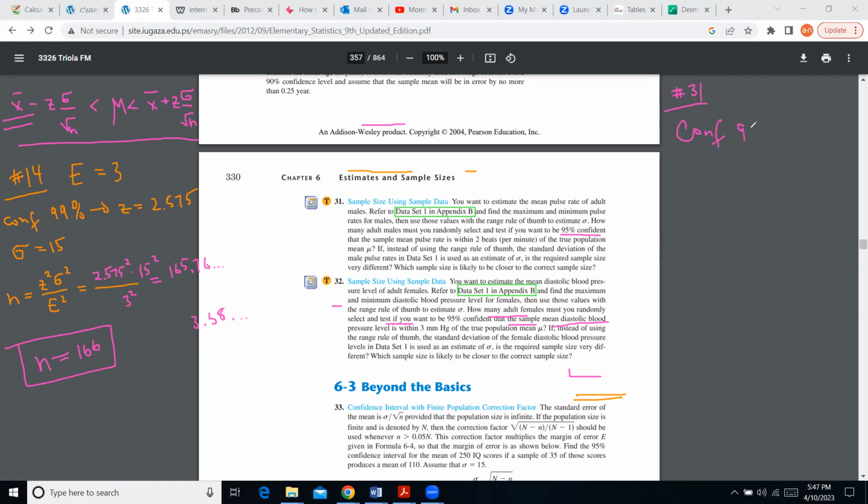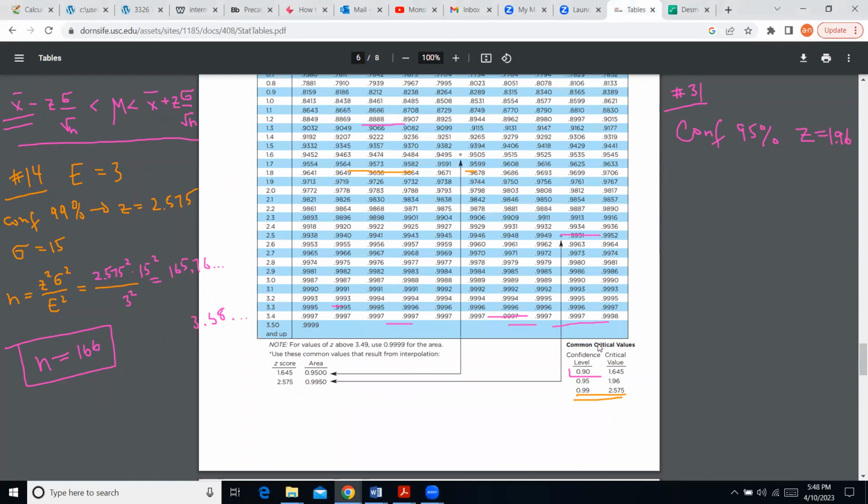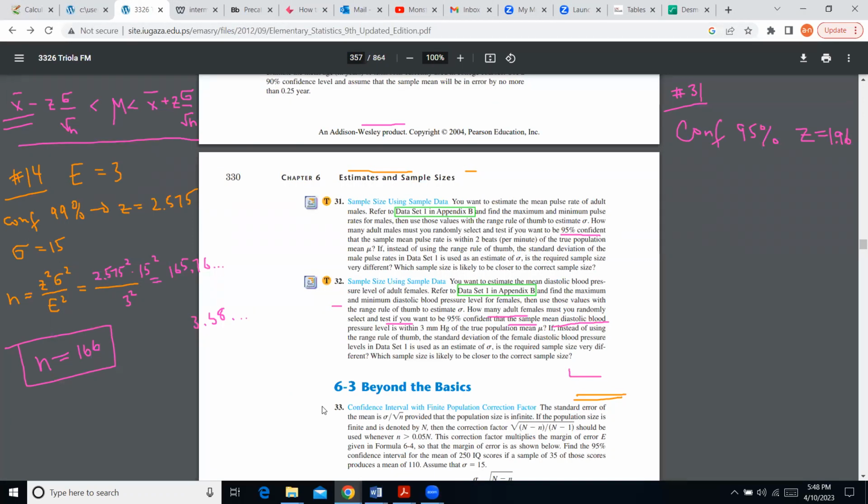Whenever they give us a level of confidence, we already know automatically that this tells us the z-score, and I believe it's 1.96. Of course, you don't have to memorize these tables. You could just take a look at it and see that 1.96 corresponds to 0.95. So it's good to have the tables available, right? So please check out where yours is.